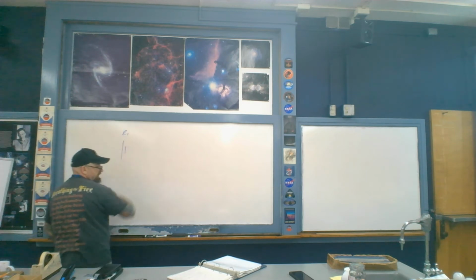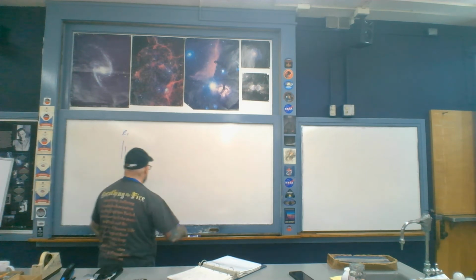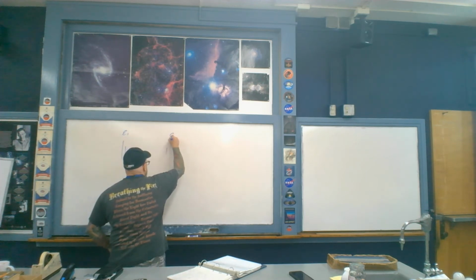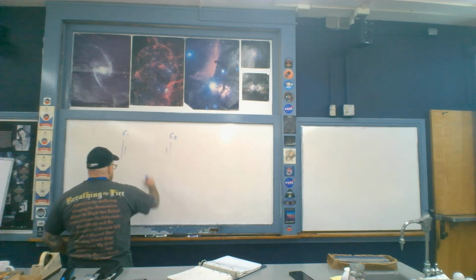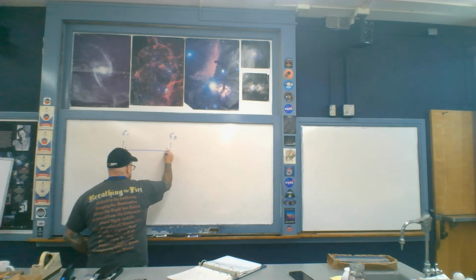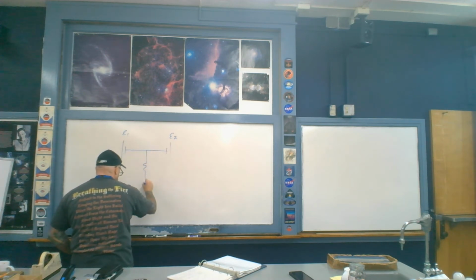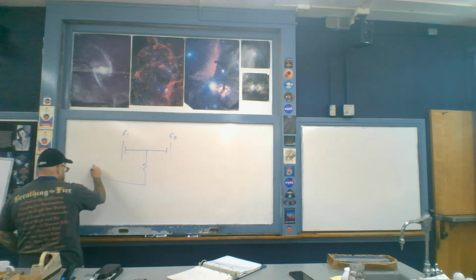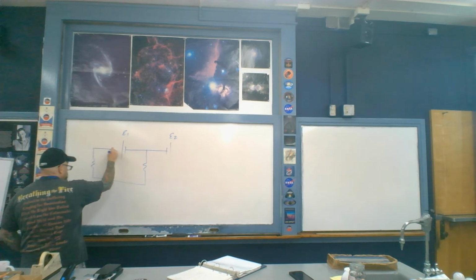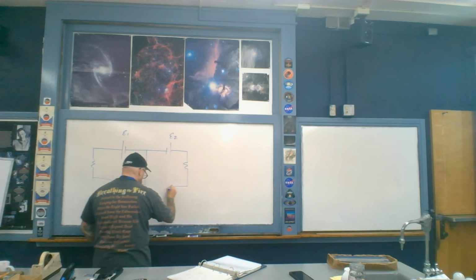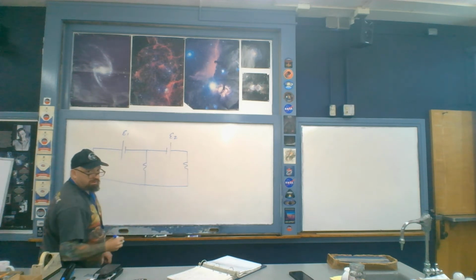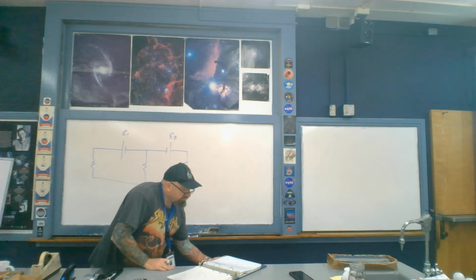So here's epsilon 1. Here's epsilon 2, like so. And then I've got 3 resistors here, here, and here. Like so. And then the values are as follows.